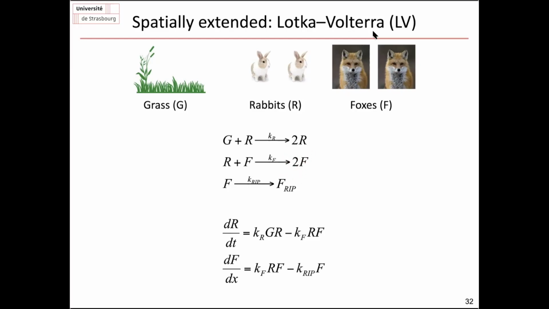So we have kf times r times f and minus k_rip times f. Okay, so that is nice. But now imagine you have a landscape and you want to see how these foxes and rabbits are behaving in a real forest, for example. So let's see how we can do that now.